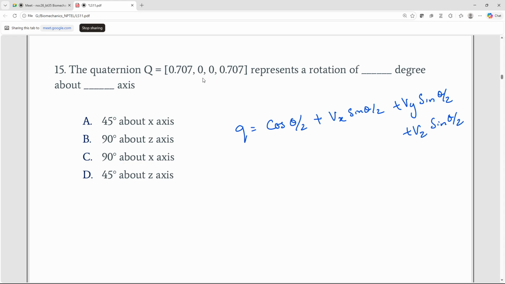So here if you see, these two components are 0. That is x and y components are 0. So when will something become 0? You don't have to go about the angle values and all, but this itself gives it away.